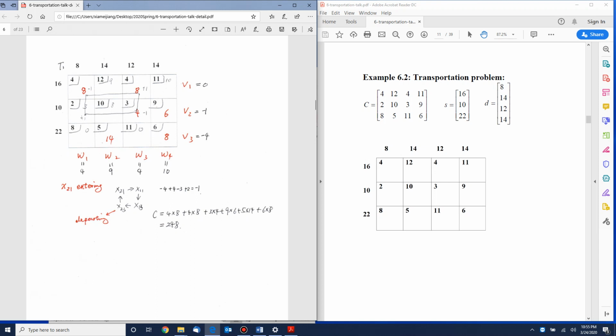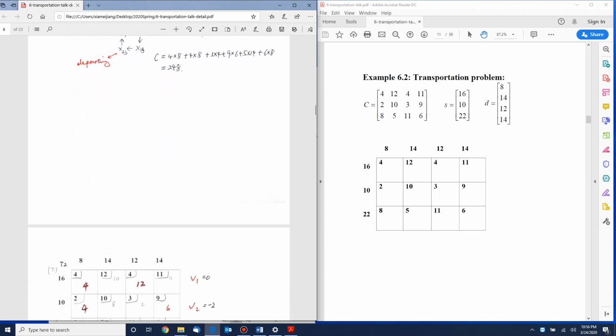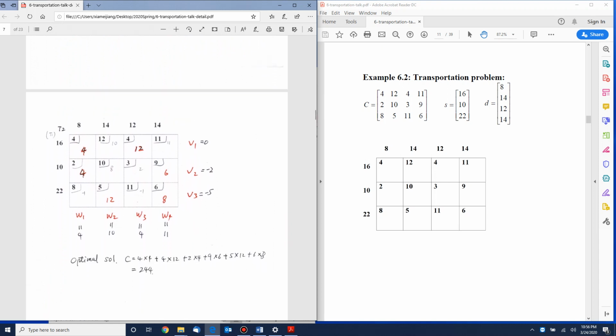We have 6 variables: x11, x13, x23, x24, x32, x34, right? The rest are zeros, non-basic variables. And now we can form the new table, and we will check the cost, since we saved $4 there.